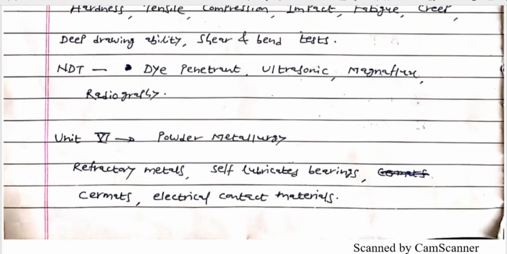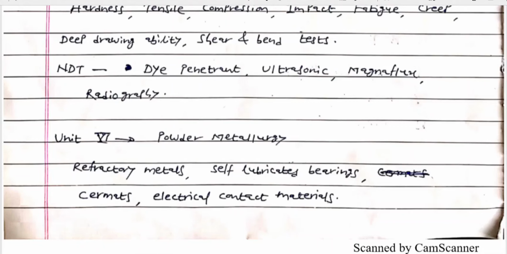As refractory materials are very hard and brittle in nature, they cannot be produced by rolling, forging, or extrusion types of conventional manufacturing processes. Because for rolling and forging, we want the material to have sufficient ductility or plasticity.